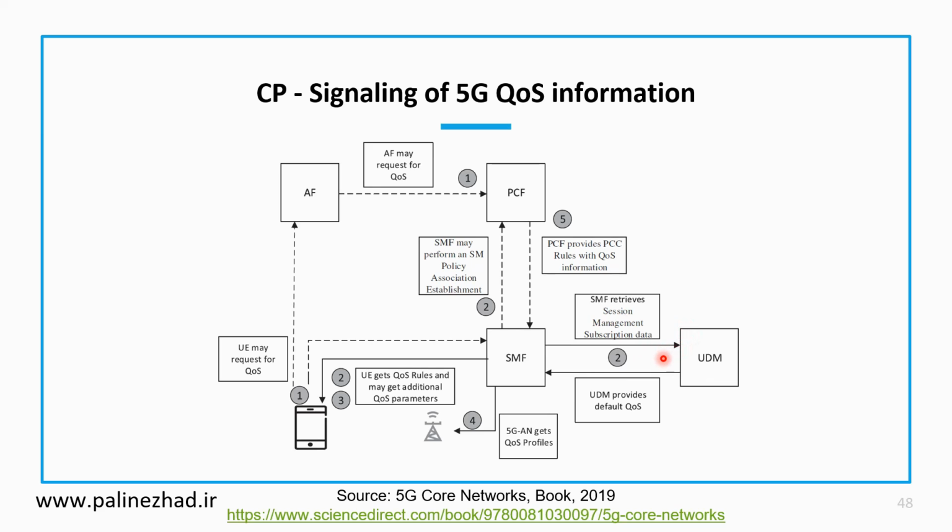However, session AMBR can be modified by PCF, and it is sent to SMF over the N7 interface, and then the UPF will enforce the session AMBR received from this SMF. We don't have UPF here because it's control plane, but anyway, it gets it from SMF.